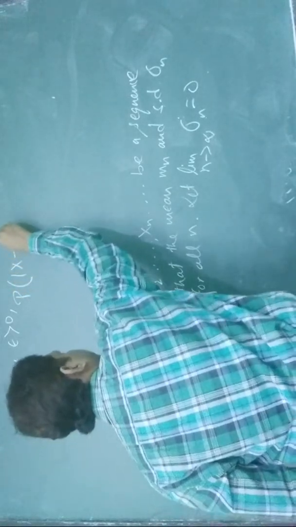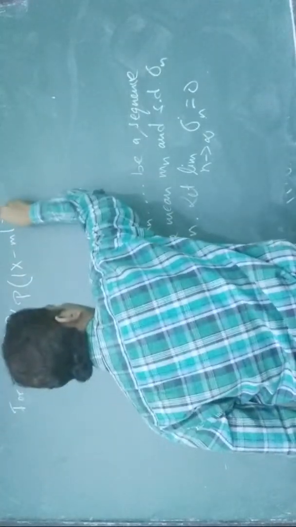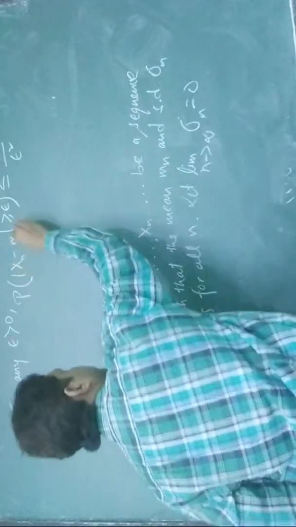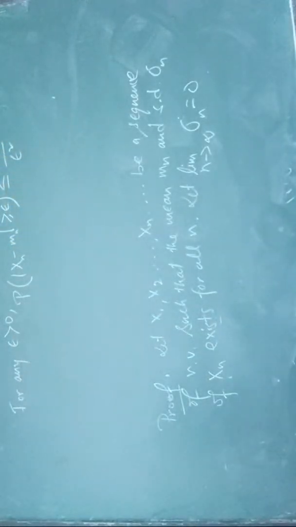Probability of mod x minus m greater or equal to epsilon is less than or equal to sigma square by epsilon square. Now I am talking about xn, so xn, mn, sigma n. So this will hold for all n. That is why I am writing xn.